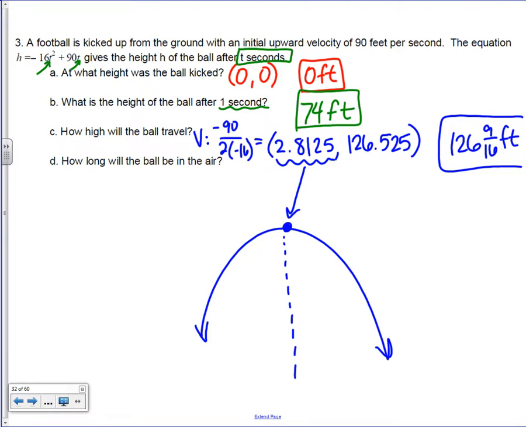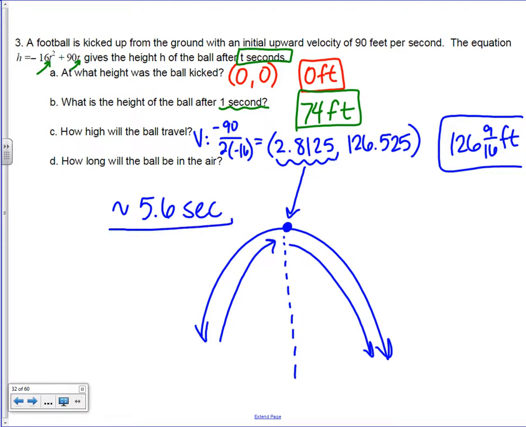Well, if that's right in the middle of my vertex, I basically just need to double that because it takes 2.8125 seconds to get to here. And then it will also take the same amount of time to get down here because my parabola is symmetrical. So if I double that number, I get approximately 5.6 seconds that football is actually in the air from the time you kick it to the time it lands on the ground.